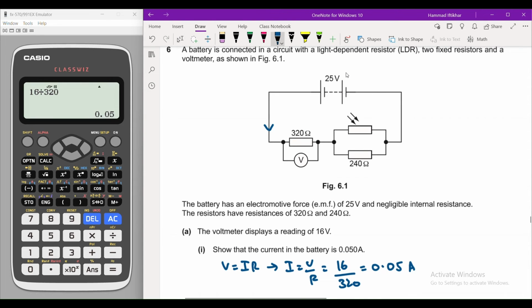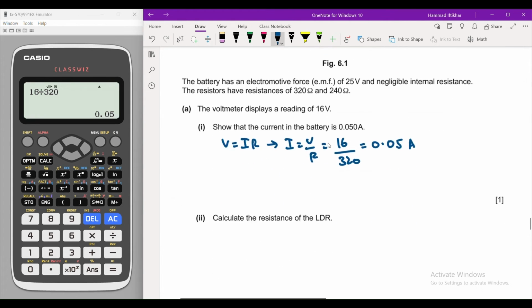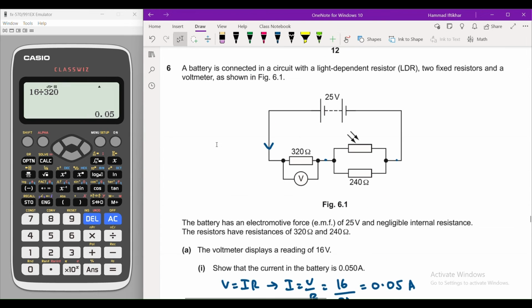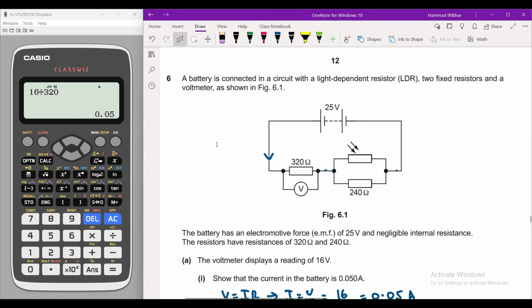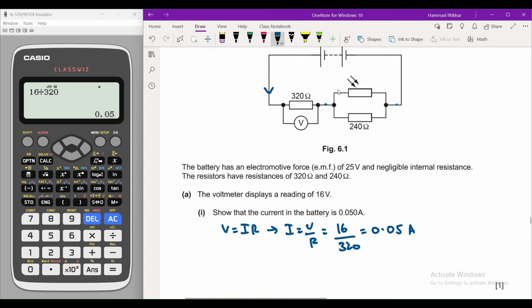Since the EMF is 25 volts, the potential difference across the parallel branch, the potential difference across the LDR, is equal to 25 minus 16. That is going to be 9 volts. We also know that the current will be branching, due to Kirchhoff's current law.